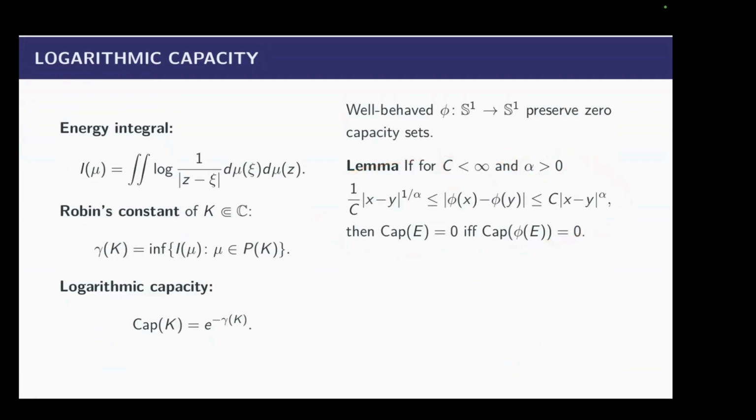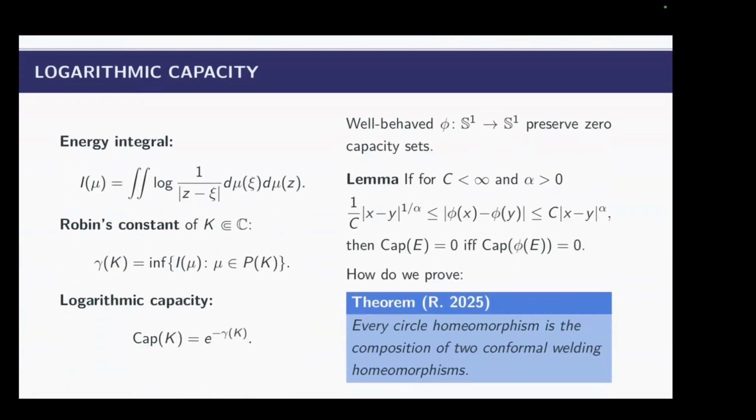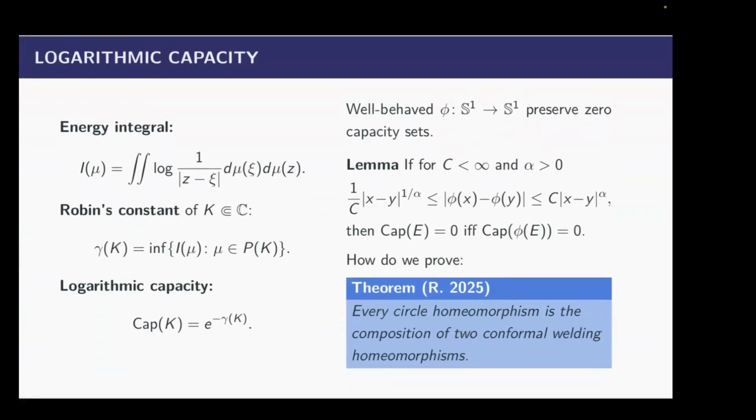Whenever that happens, we can see from the definition again that the capacity of a set will be 0 if and only if the capacity of the image will be 0. This is not explicitly stated in John Garnett's and Donald Marshall's book, but it can be proved from what they have. And I will emphasize that quasi-symmetric maps are bi-Hölder, so quasi-symmetric maps will preserve capacity 0 sets.